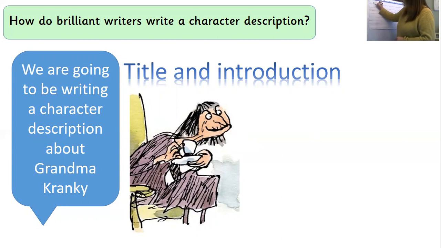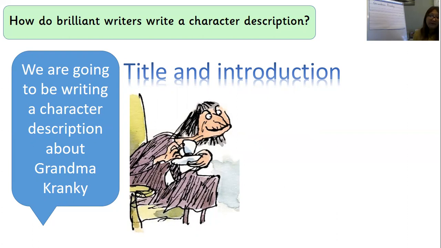And I'd like you to do that at the same time with me. So, capital G, R, A, N, Grandma, M, A. Then I need another capital K for Kranky, because that's her surname. Kranky. So already we have got our title, Grandma Cranky.